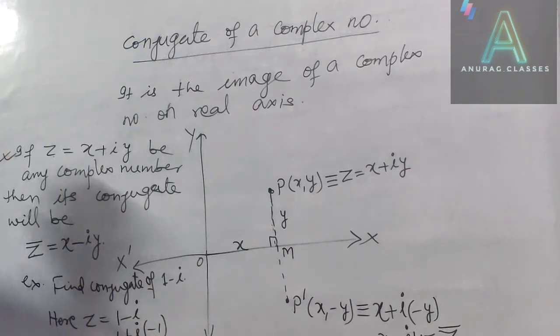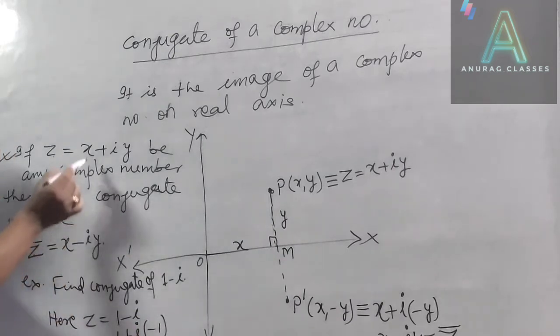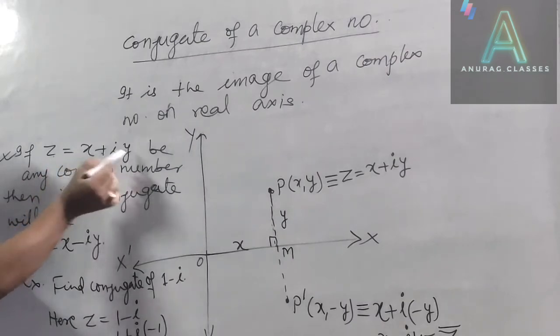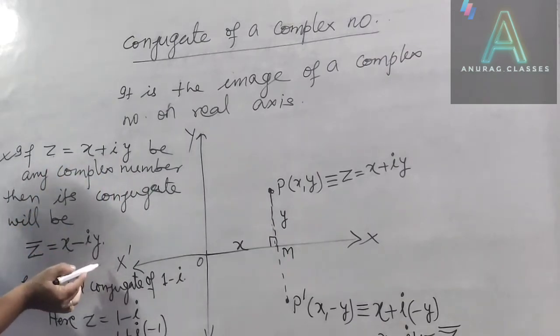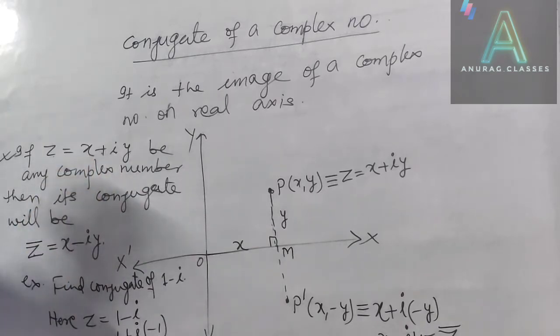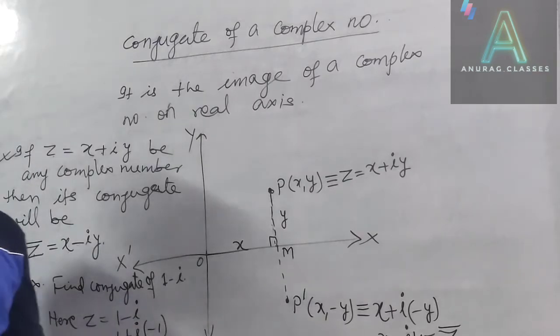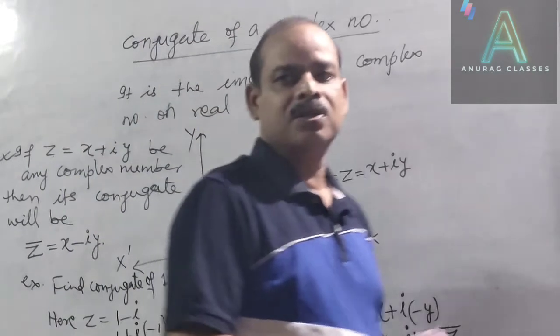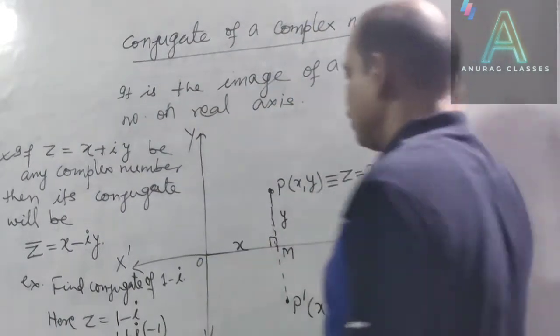Therefore, the conjugate of z will be the conjugate of 1 minus iota, and as we have learned, if x plus iy is the number, then the conjugate is x minus iy, meaning we have to change the sign of the imaginary part only. Here the imaginary part is minus 1, so its conjugate will become 1 plus iota. Minus and minus becomes plus. So I think you have learned how to find the conjugate. Have you got it? Okay, very good.